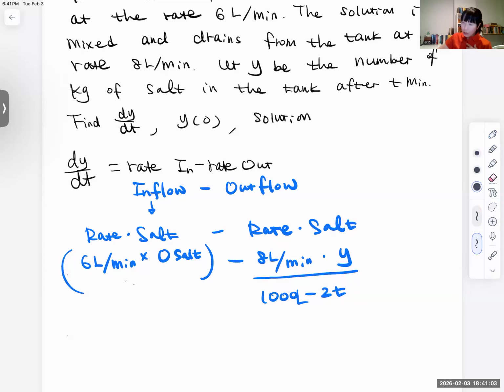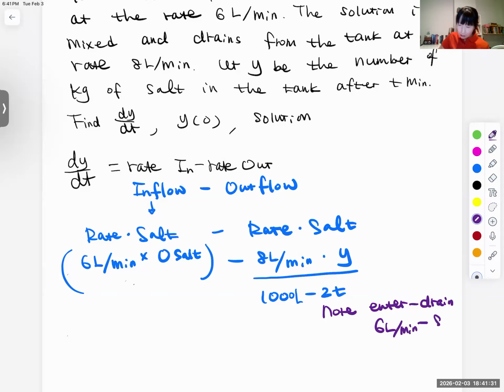Okay, let me write it for you one more time. The 2t comes from the entering and draining: 6 liters minus 8 liters, which is negative 2t.